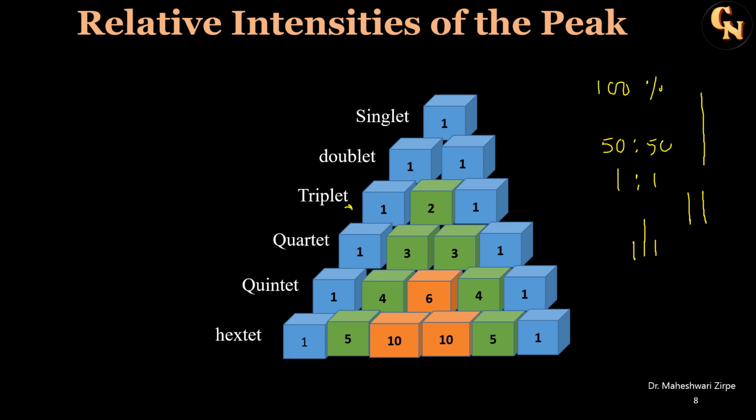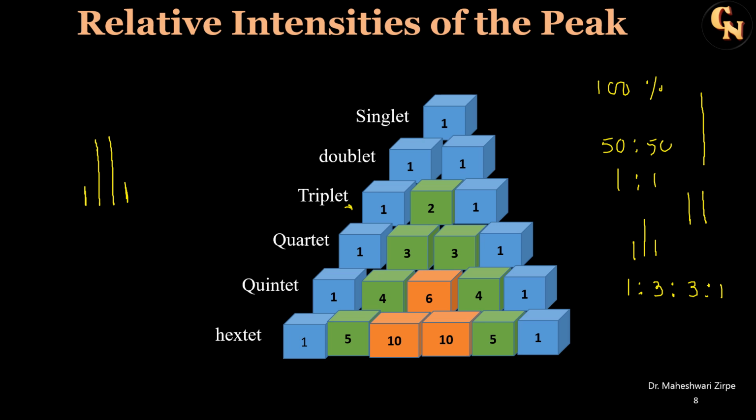Then quartet, because quartet indicates 4 peaks, the intensity will be 1:3:3:1. So here the peak will be in this fashion. Suppose one indicates 10 centimeters, then the next peak will be 3 times the first peak, then again 3 times, and then 1 time. This way you can see the peaks in the spectrum.